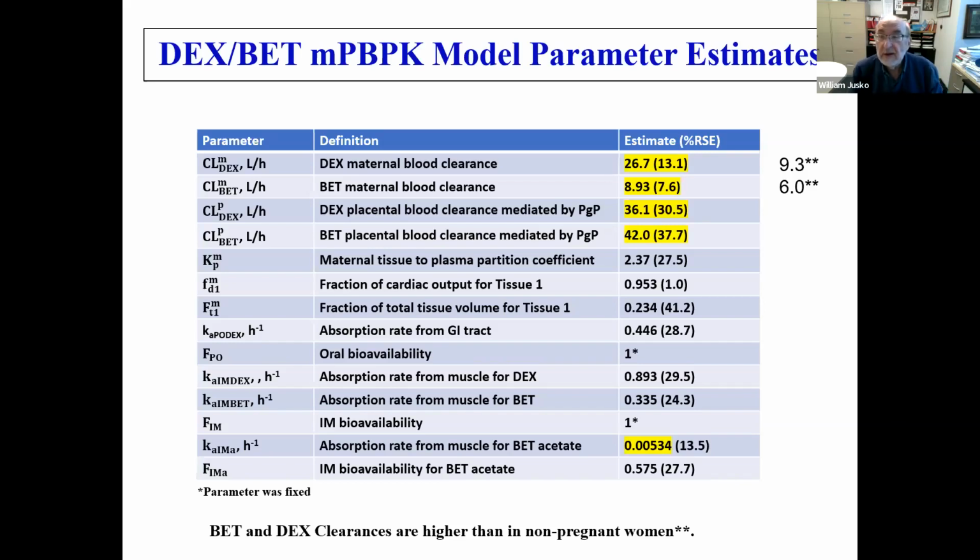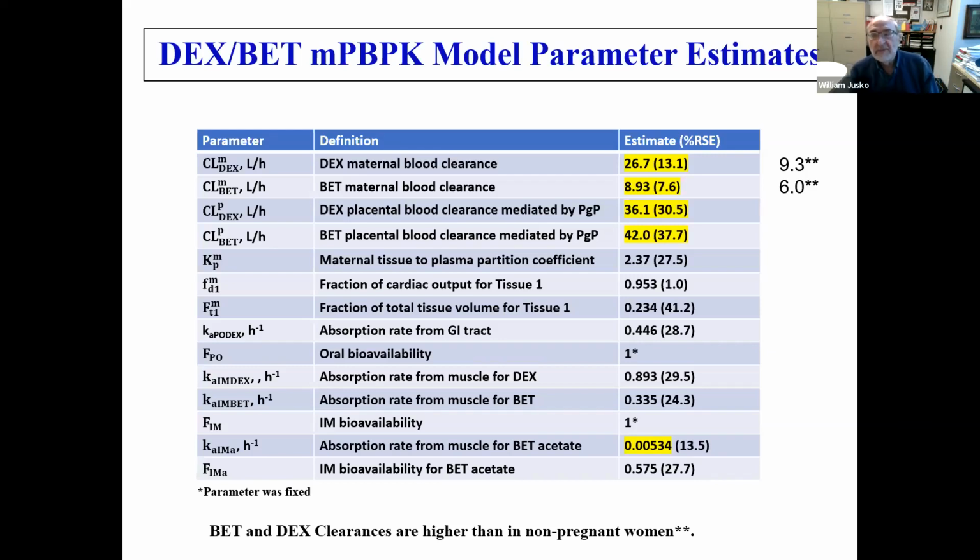It was a bit higher than what we saw in the non-pregnant women, 6.0. So pregnancy causes an increase in clearance of these steroids. And one needs these kinds of studies because the clearance determines the dose that's needed, among other things. And it means that women are basically metabolizing the drug faster than they would have when non-pregnant.